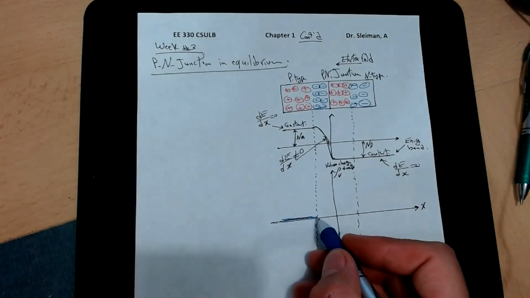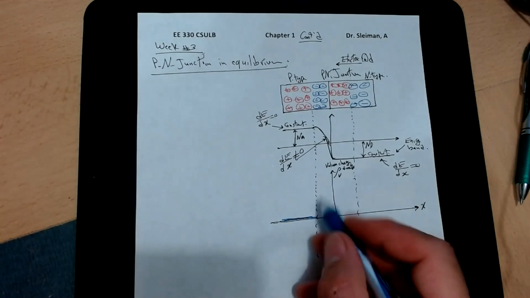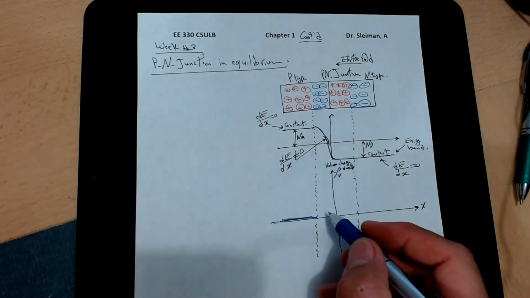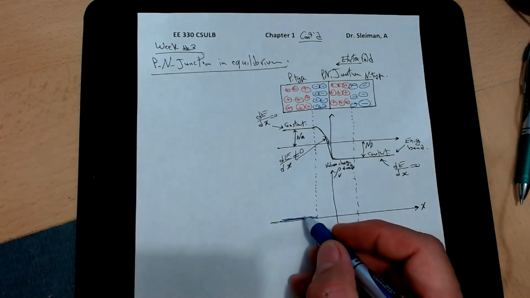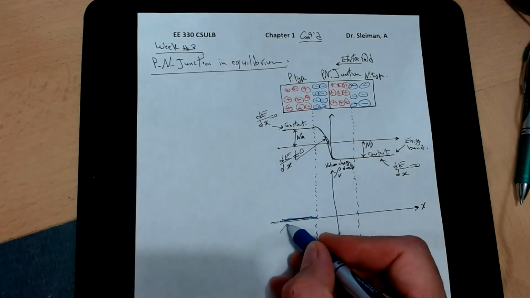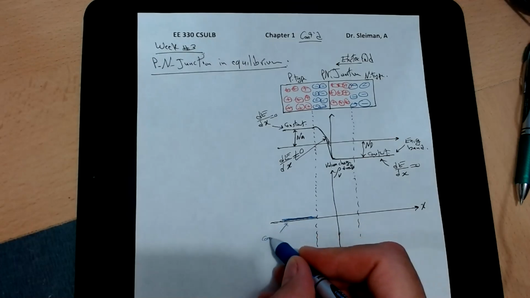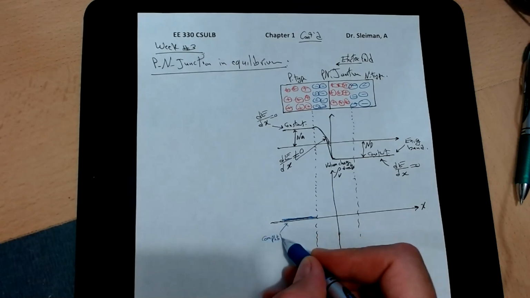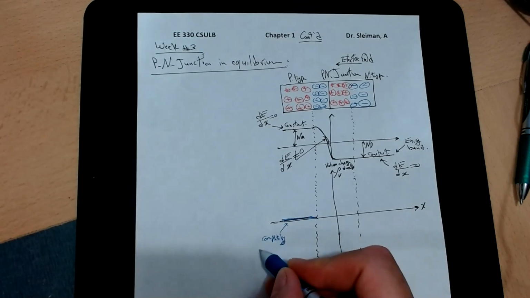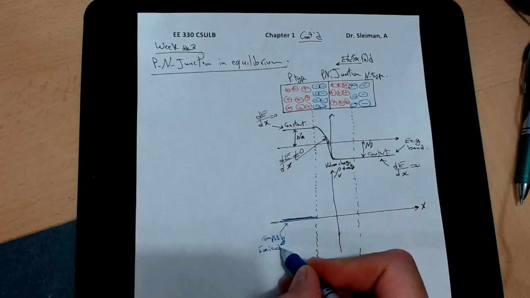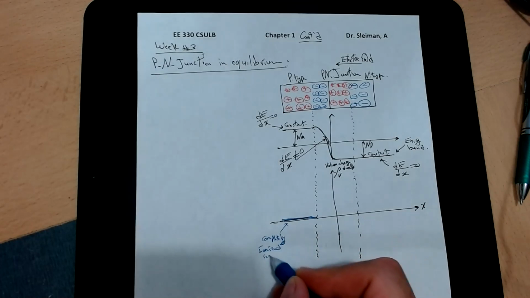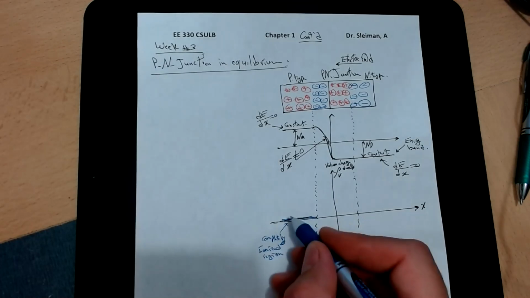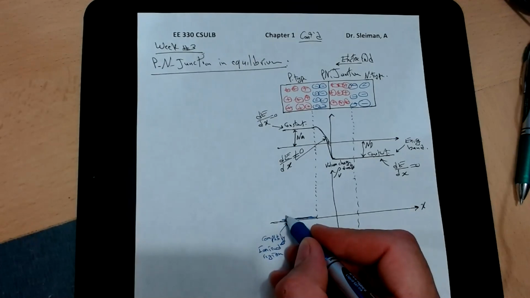When we reach this area, we can say this is the completely ionized region. So we can consider this as neutral.